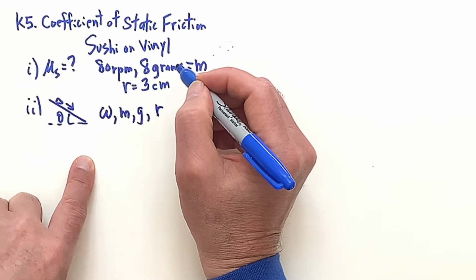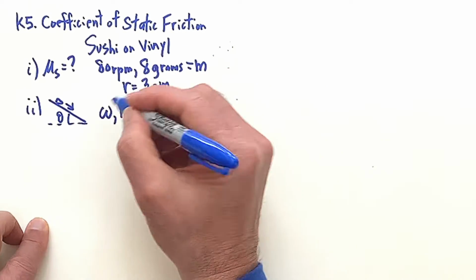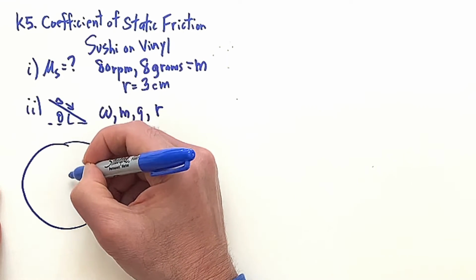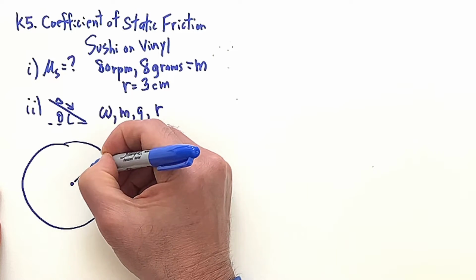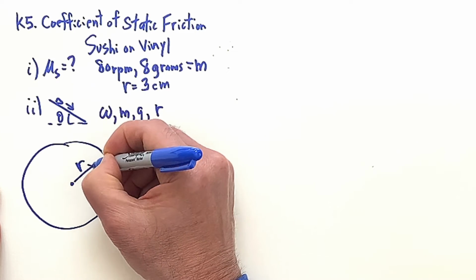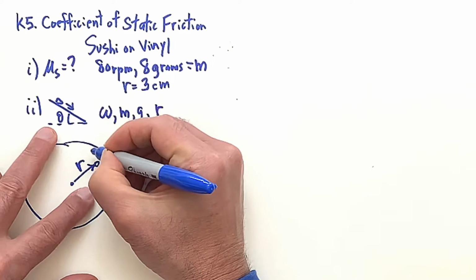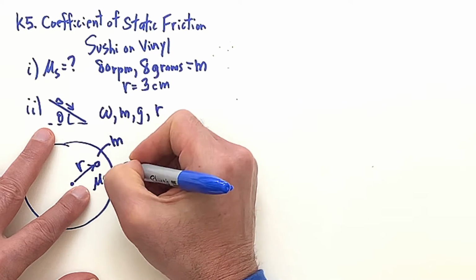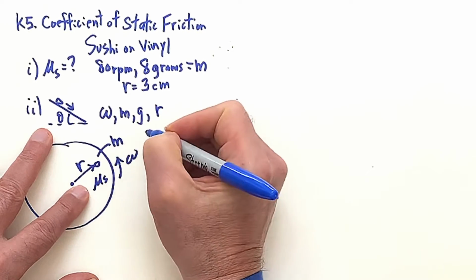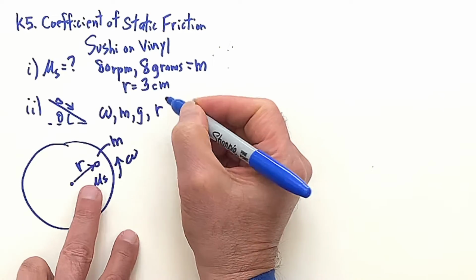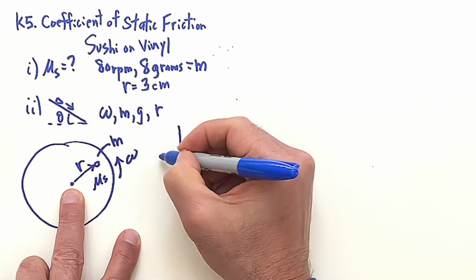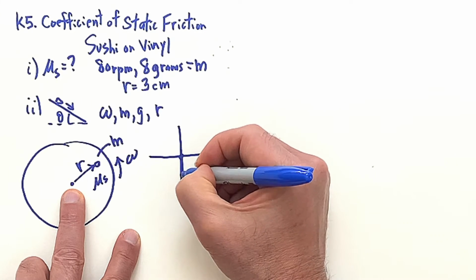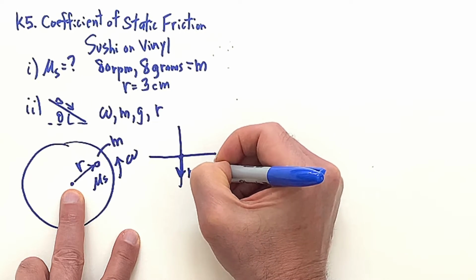Now, if we set this problem up, we have here a top view, and we have here some R to get to the sushi of mass M, and there's a static friction, and we're going around like this. So what is going on with the sushi? Well, if you put the sushi here, you have mg going straight down.